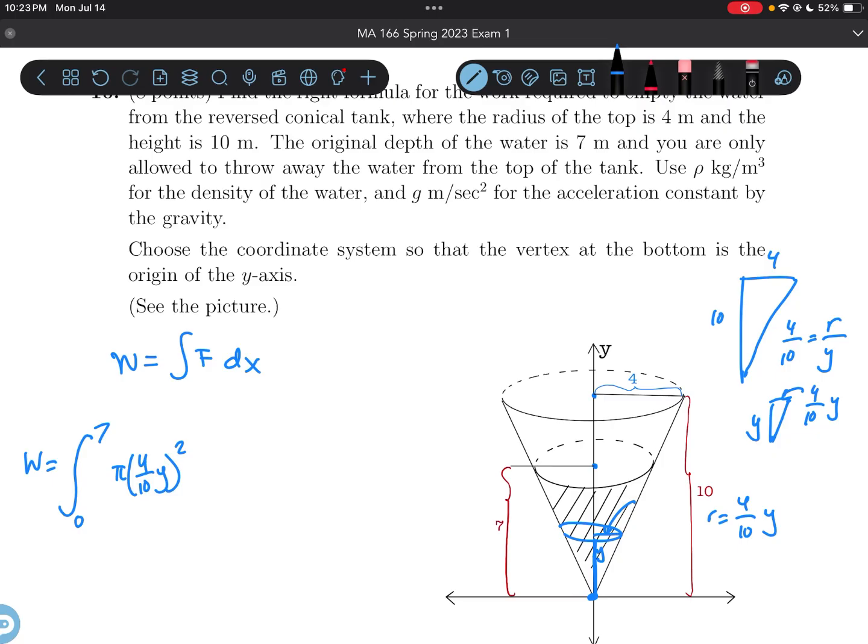To find the mass, all we have to do is multiply by the density of water. So we multiply by rho. Okay, that's one component. The other component is the distance the water needs to travel. So in this case, if the height up till here is y, the remaining distance it needs to travel is 10 minus y.